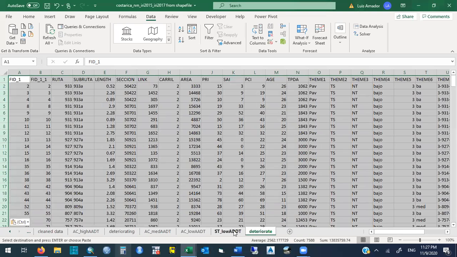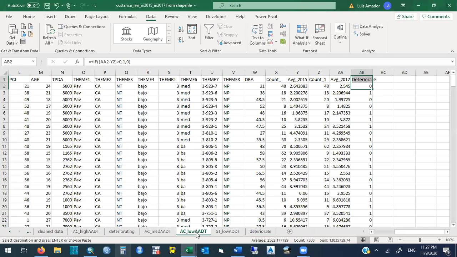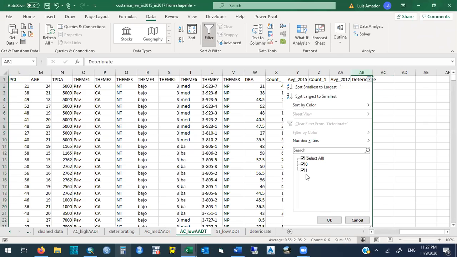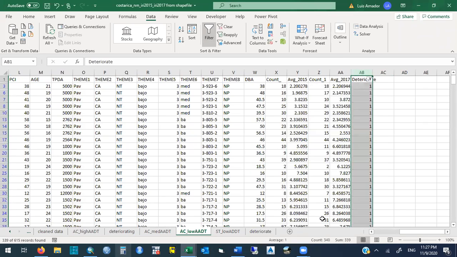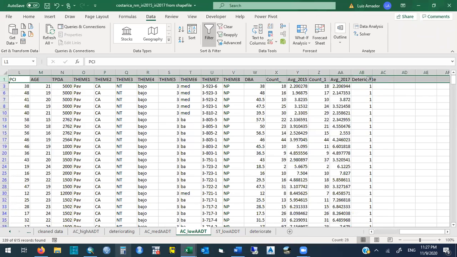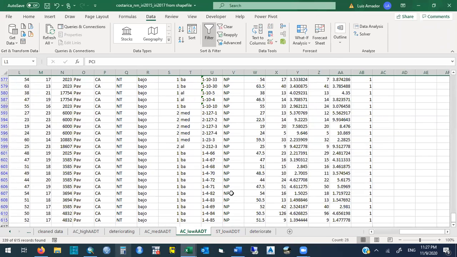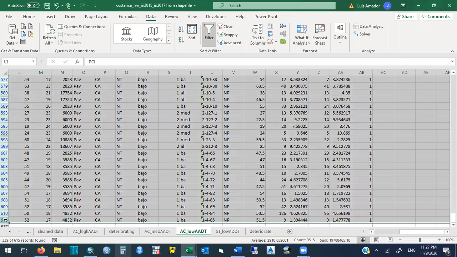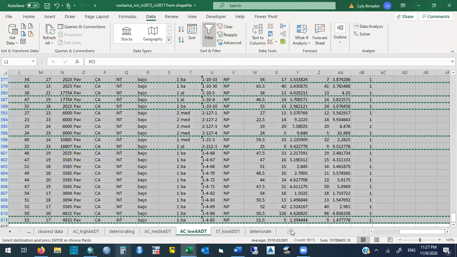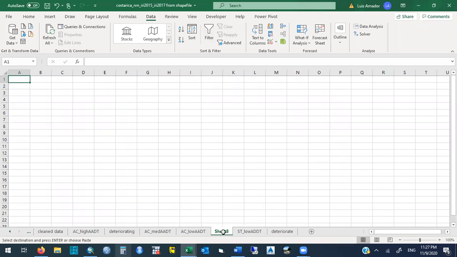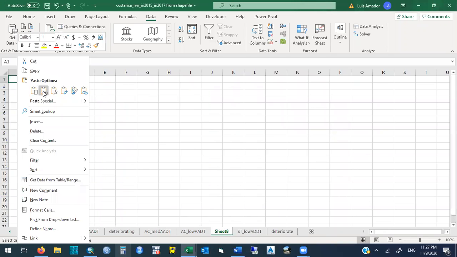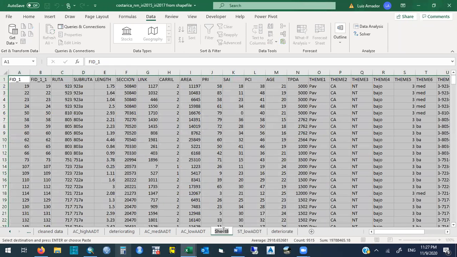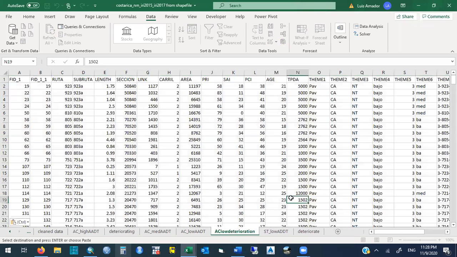Okay, so this is the deterioration of the surface treatment low. So this is asphalt cement low deterioration.